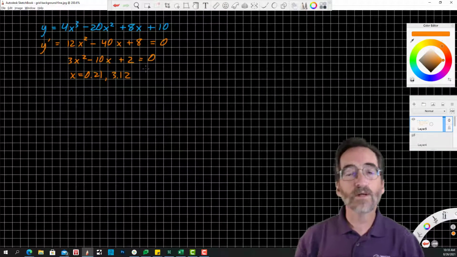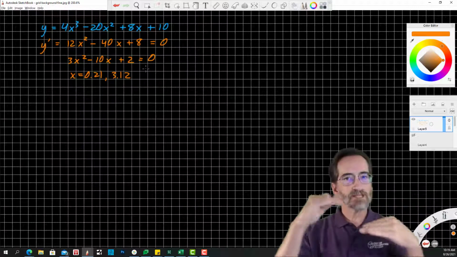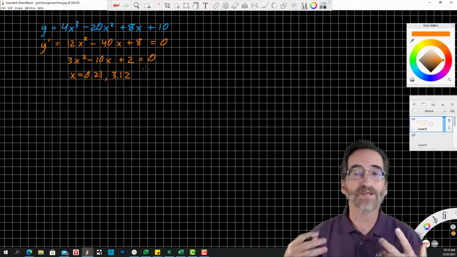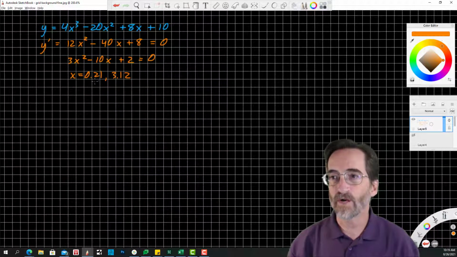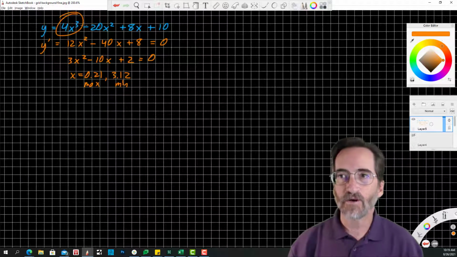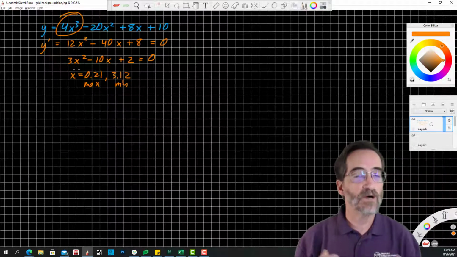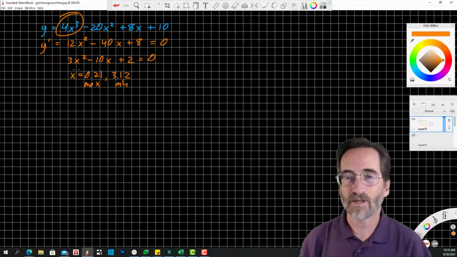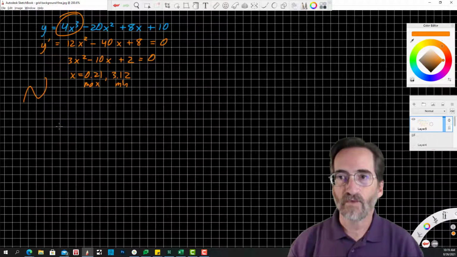These are critical values, so they're points at which maxima and minima occur. I can actually tell you what these are already. I can tell you 0.21 is a max, and 3.12 is a min. That's because I happen to know this is a positive cubic, or positive third order polynomial, and I know it's going to behave like that.